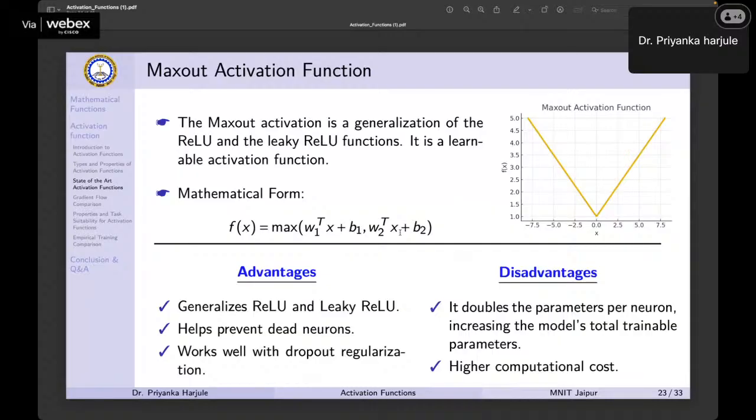Another one is higher computational cost, because more computations per neuron are to be done because of calculating multiple linear outputs.